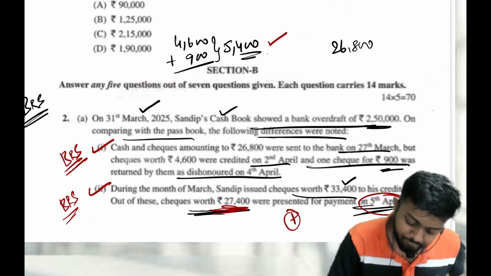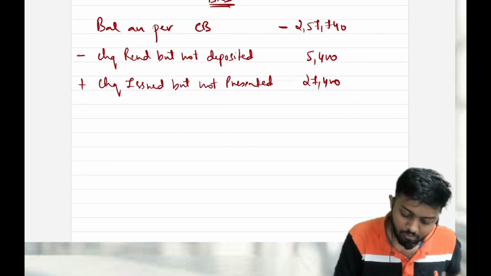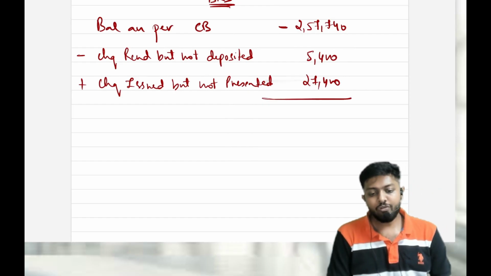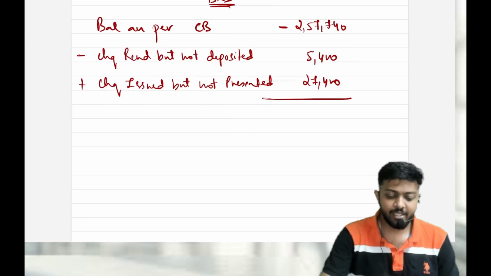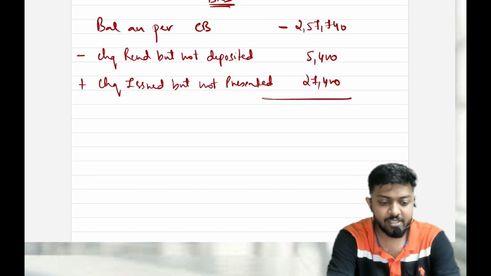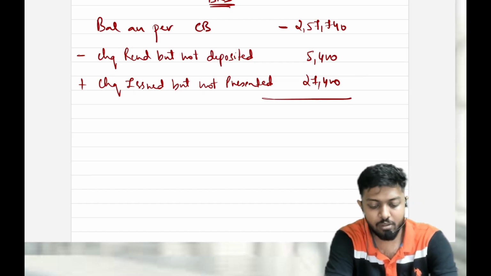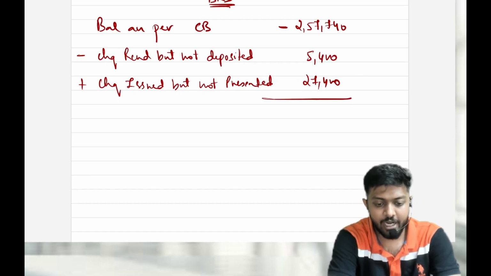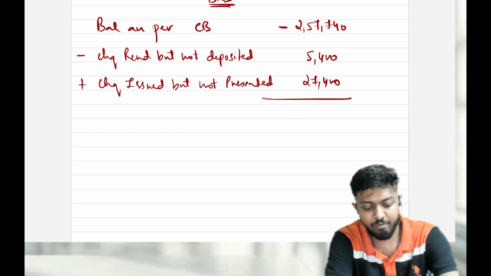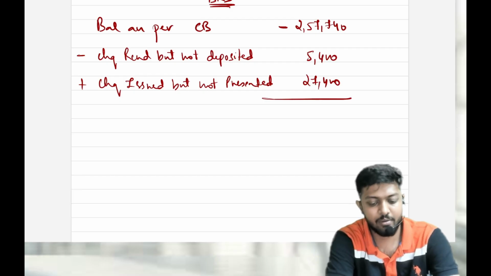So what happened? 257,740. Further we have to minus 5,400. Correct? Then add 27,400.